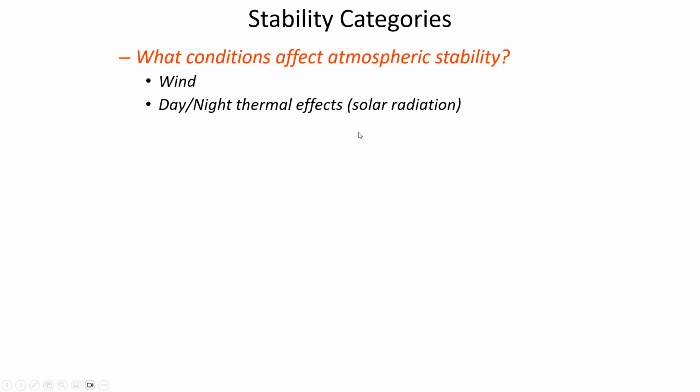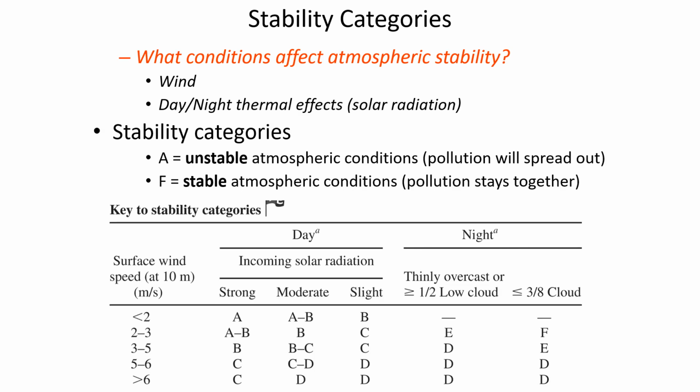So during the daytime, there may be thermals where the solar radiation heats the ground surface, and then that warm air that's adjacent to the ground surface will then rise. Whereas that's not going to happen at night. So night conditions are more stable with less dispersion due to solar thermal effects.